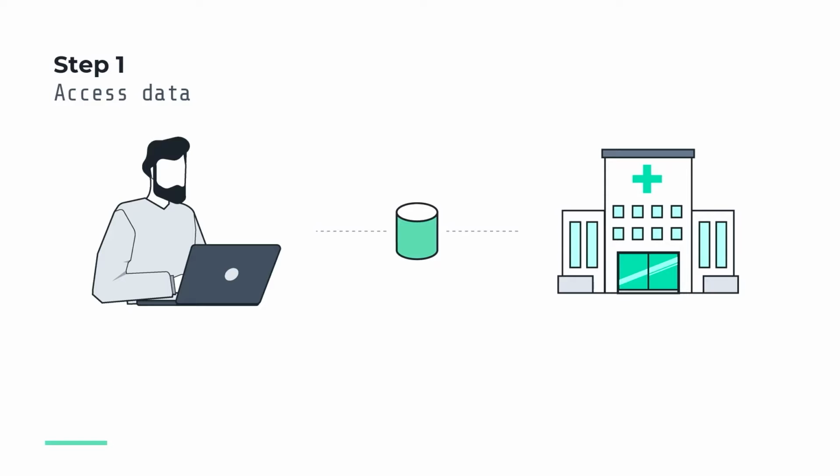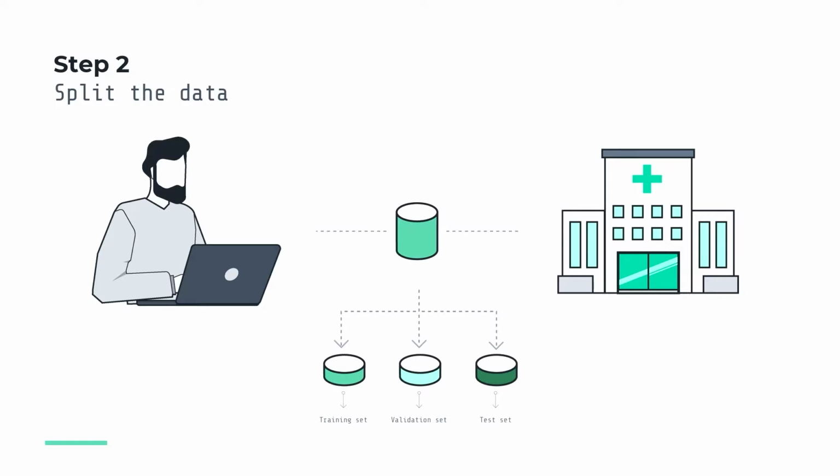That usually involves a lot of contractual work, which often delays projects. When you get the data, you start by creating your training set, validation set, and test set. For every data scientist or ML engineer, this is pretty obvious.